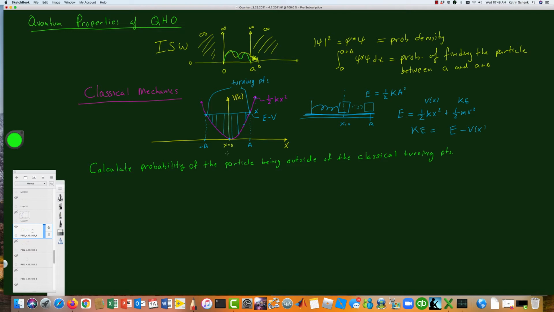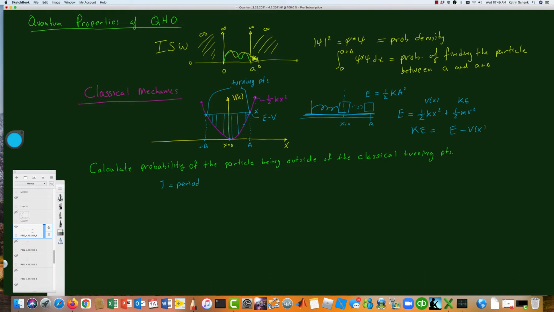All right. So what is the time that it would take for it to go back and forth? One traversal, so that means just going, let's say, from minus a to a, or from a to minus a, that's half a period, right? So let's call the period tau. I'm going to use blue because we're going to stay in our classical. So tau is equal to the period. And remember, period is defined as, say, starting at a, going to minus a and coming back to a.